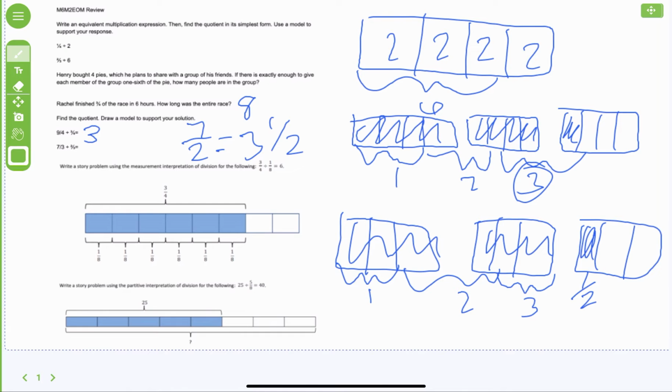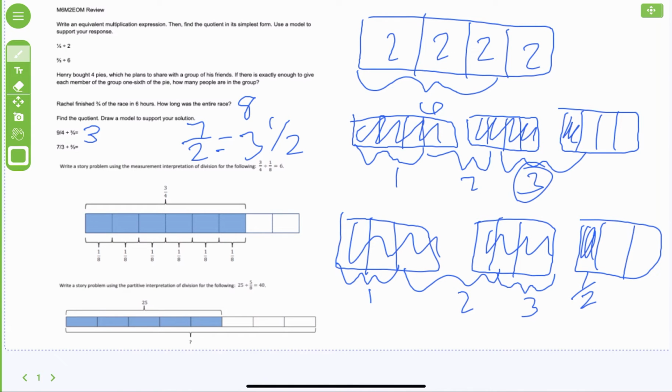Okay. Because Chloe didn't give the whole pie to everybody. She took 1/4 and put it in the refrigerator. Then she said, I'm going to split this 3/4 between my friends. So how much of the pie, how many slices can they have? I can give them to 6 friends.